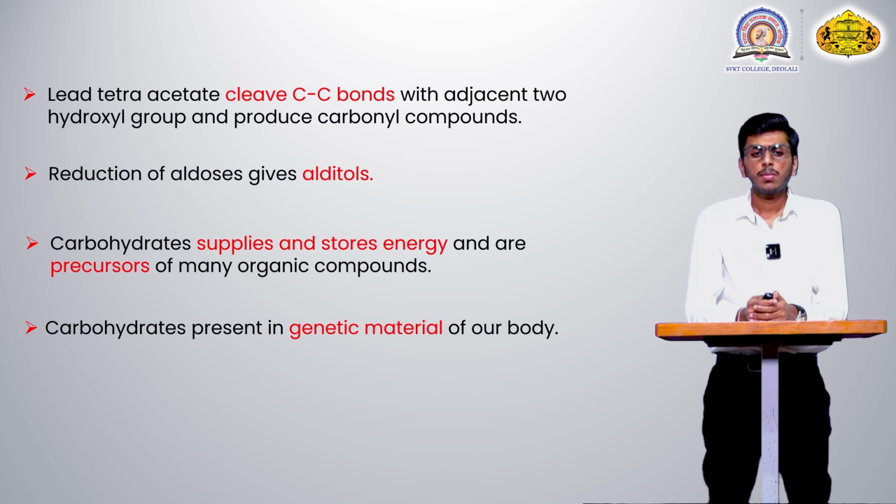Later we discussed lead tetraacetate oxidation, which cleaves the carbon-carbon single bond with 2 adjacent hydroxyl groups present on them and gives us a carbonyl compound with a cyclic intermediate. Reduction of aldoses gives us alditols.